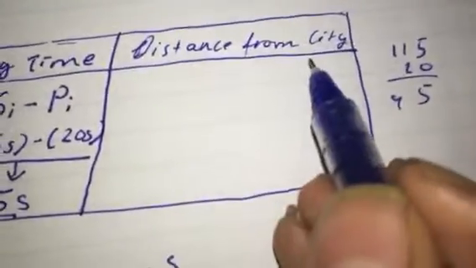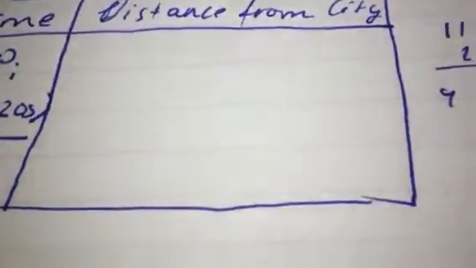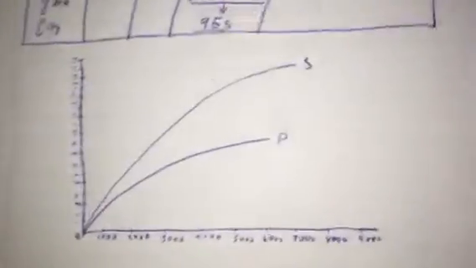Now finally, the distance from the city. This part is a bit complicated, however we can manage with it. To find the distance of the epicenter of the earthquake from the city, we must use this little graph over here. So let's take another piece of paper, and let's mark the lag time. The lag time for us is 95 seconds.